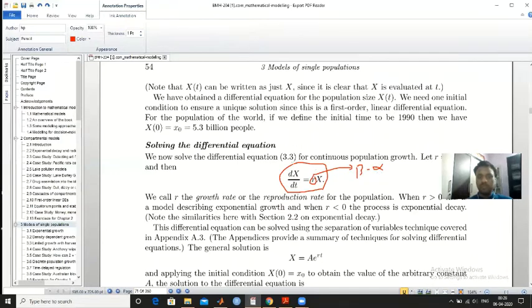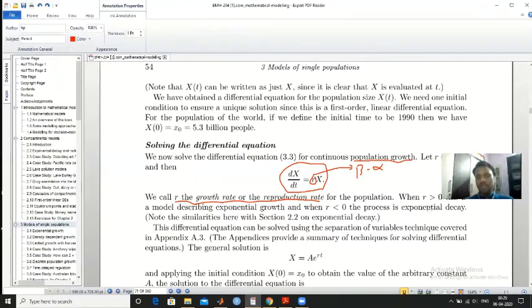So this differential equation is known as the population growth model, where this R is known as the growth rate or reproduction rate of the population. We have already discussed this type of model in previous theory classes, and we have already solved this type of differential equation.